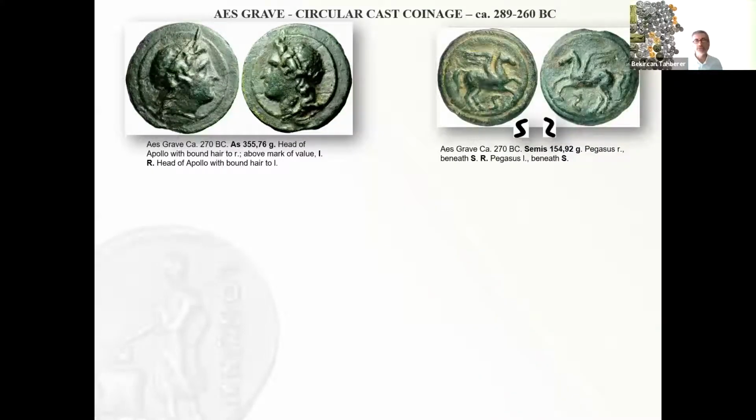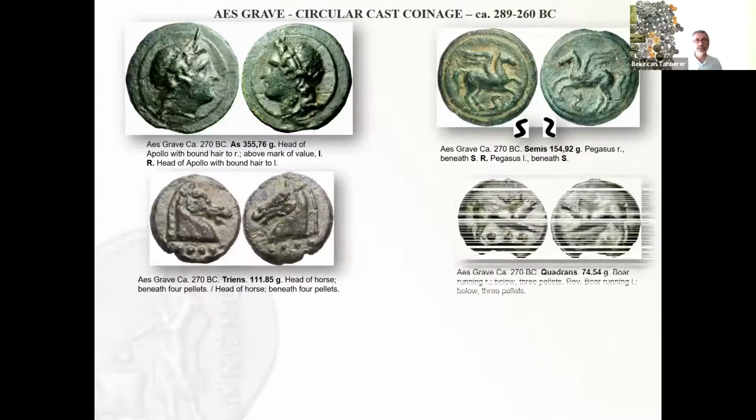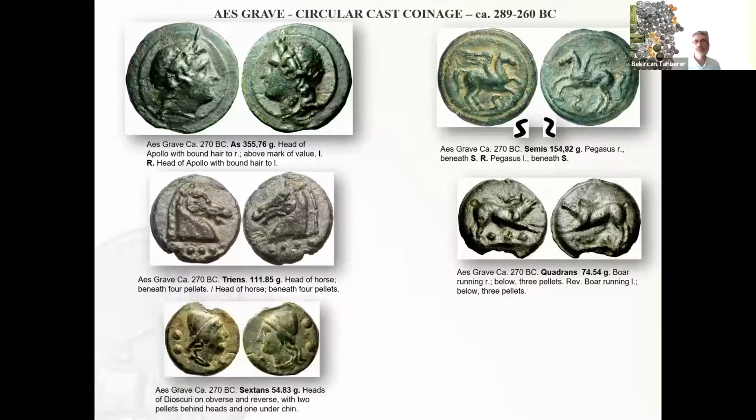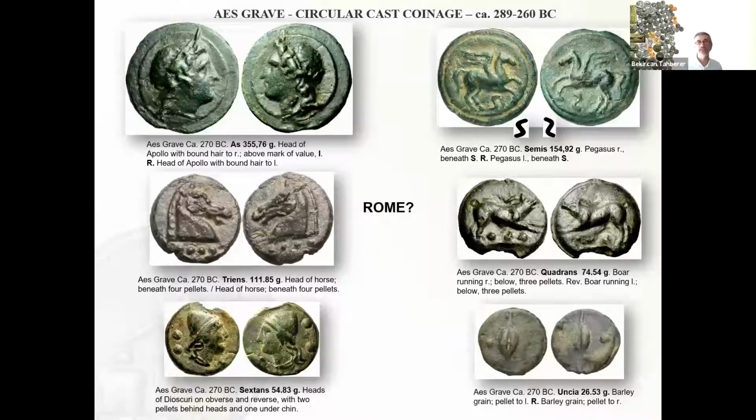But it is possible that they were cast in the city. So what is interesting and impressive is that they come in a standard weight system. Even though they were not struck, we can call them coins. The aes signatum and aes rude were not coins. They were simply a sort of means of exchange, but these are real coins.